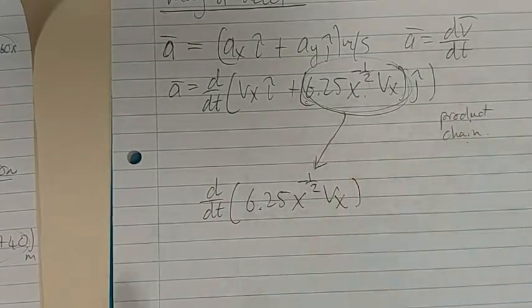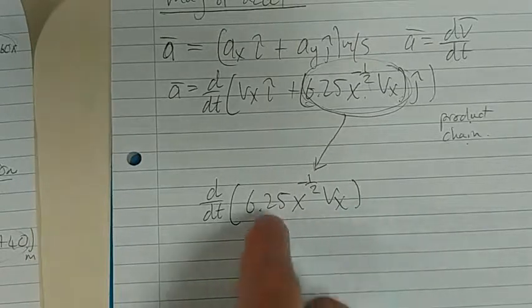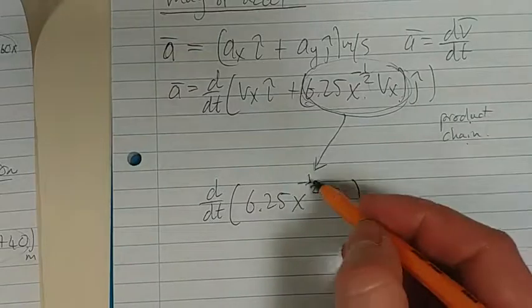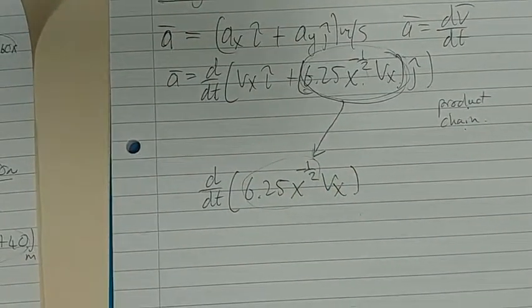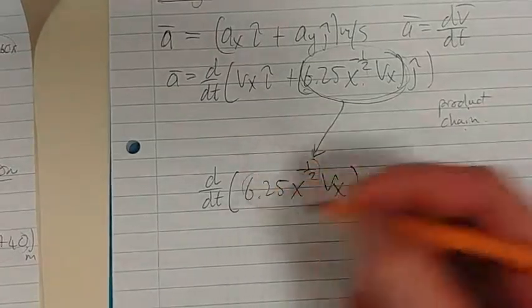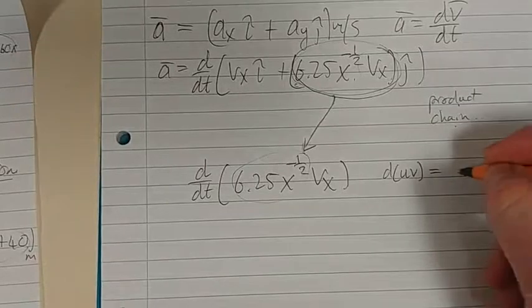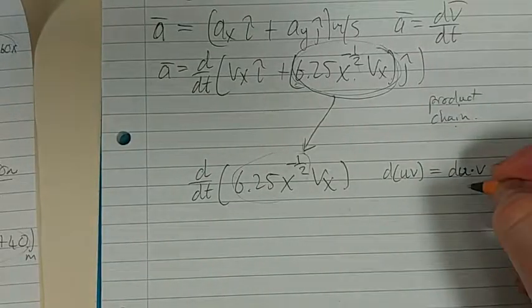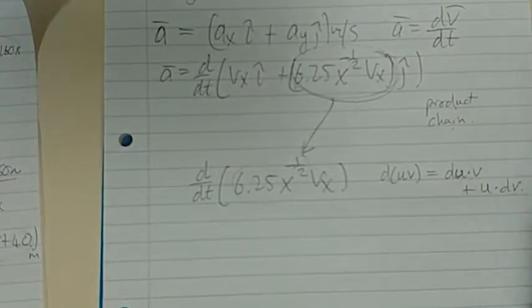What is the product rule? The derivative of the first times the second, plus the first times the derivative of the second. But for the first one, you need to use the chain rule. So remember, d of uv is du times v plus u times dv.